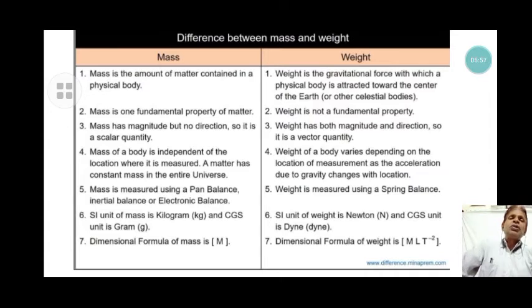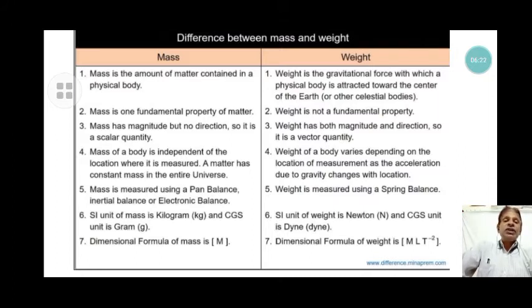The mass of the body remains constant everywhere, and it is not affected by the location. Matter has constant mass in the entire universe. But the weight of a body varies depending on the location of measurement, as the acceleration due to gravity changes with the location.